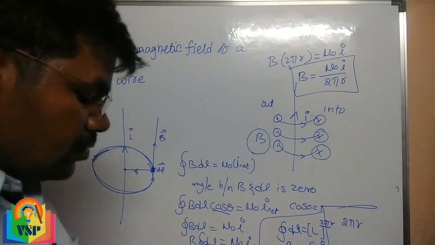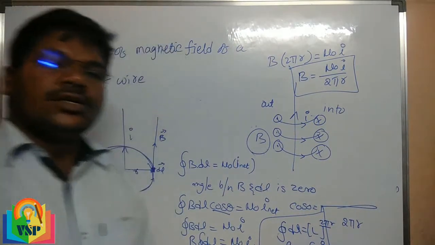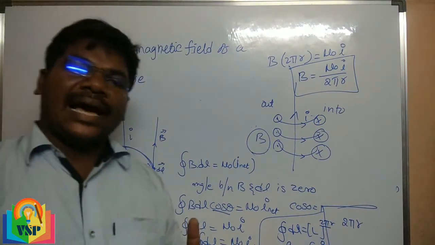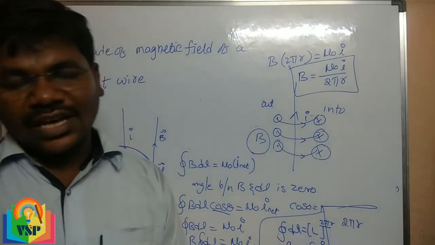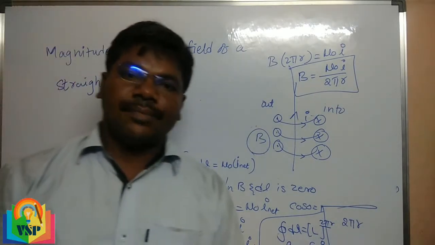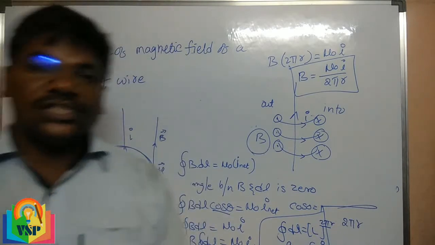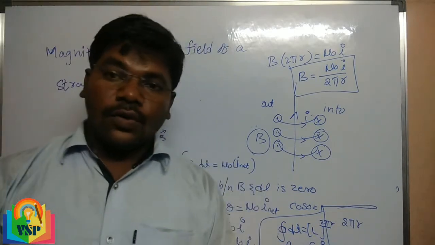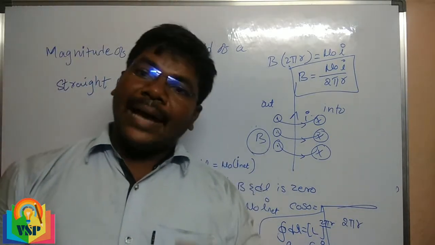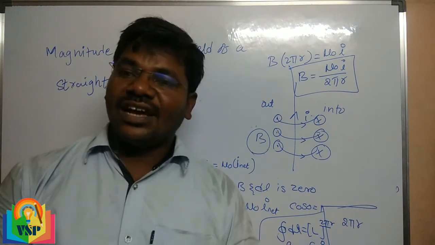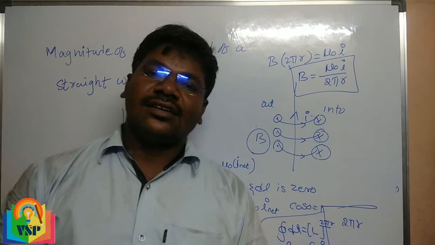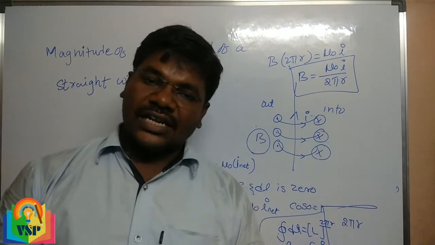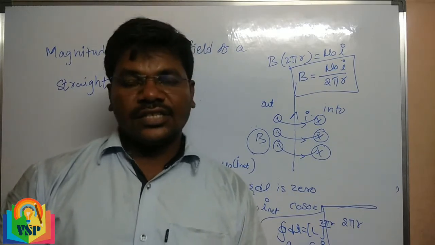So according to Oersted's experiment, we know a straight current carrying conductor produces a magnetic field. So by using Ampere circuital law, we have found the magnitude of magnetic field of a straight current carrying conductor.